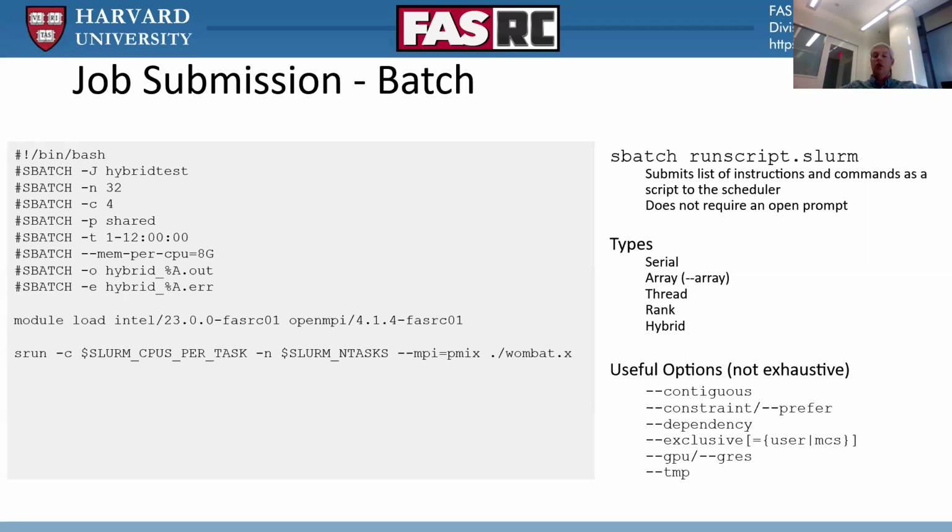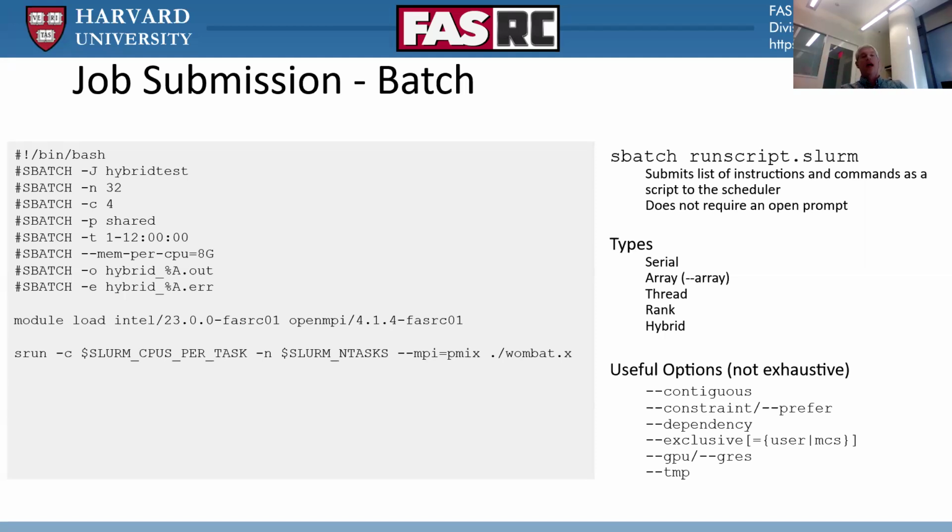Some codes really care about topology and where their different parts end up, so that you can have the best communication. If you want to make sure that all the nodes you get assigned are adjacent to each other on the InfiniBand fabric, and adjacent from a network point of view, you want to include --contiguous, because that means the scheduler will give you a block of contiguous nodes.